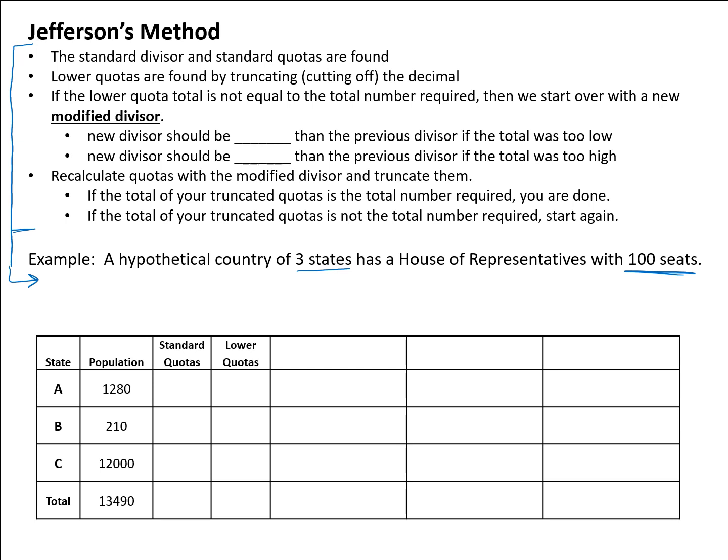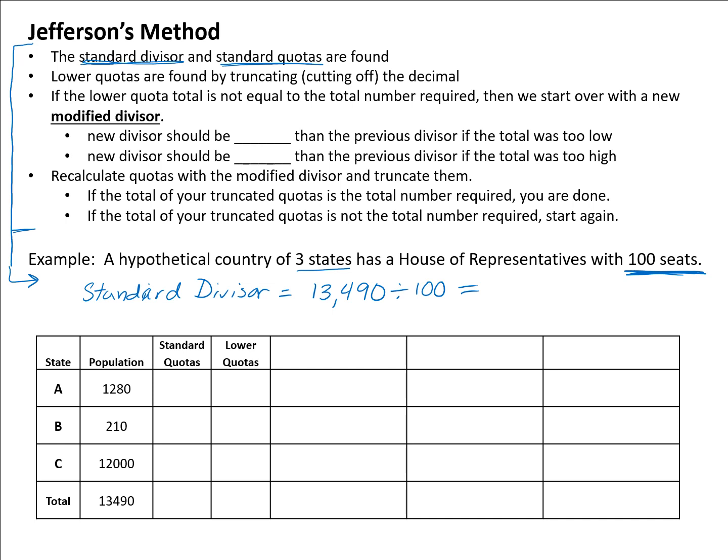All right, so the first step in terms of doing Jefferson's method, and in fact all of the methods, is to find a standard divisor and then the standard quota for every state. So we're going to do the standard divisor first. The standard divisor is always going to be the total population, which in this case is 13,490, divided by the total number of seats you have in Congress, so 100, the things we want to divide up among that population.